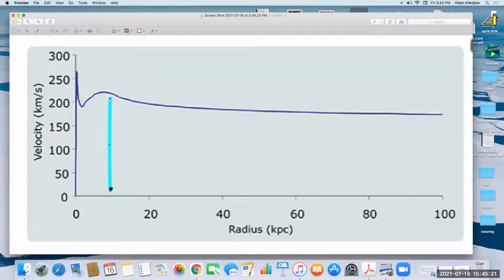Maybe I could make, this is the halfway mark between 0 and 20. Then I could copy it. So you see, when they're saying radius is 0.3, that means it's all the way here. And then the velocity is 259.